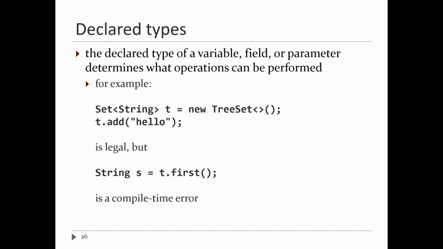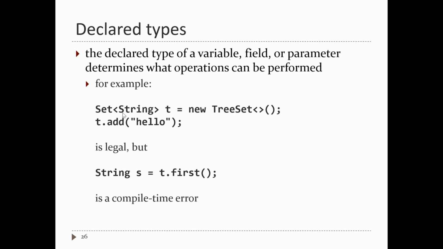Now tree set, it's the set that keeps things in sorted order. So it has methods like first and last and things like that, things that refer to some sort of ordering of the elements. So if you try to call the first method with T, the compiler complains. It says set does not have a first method. Tree set does, but you told me T is a set.